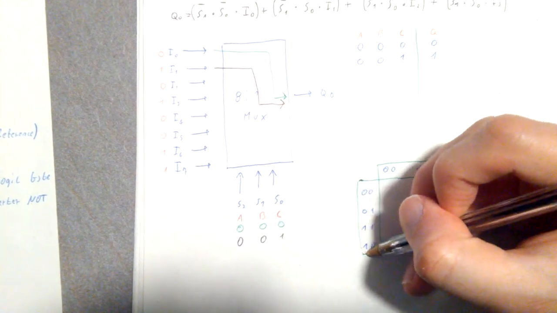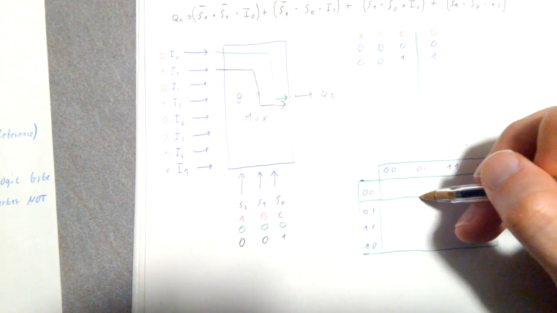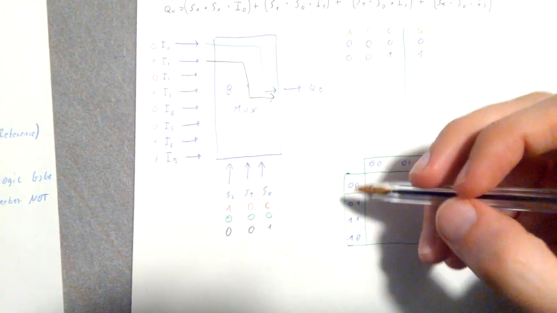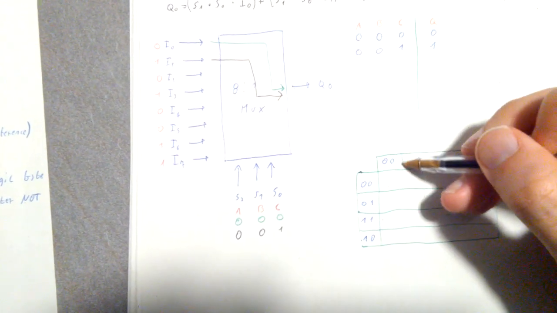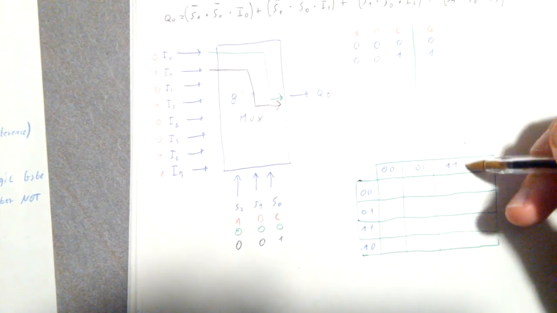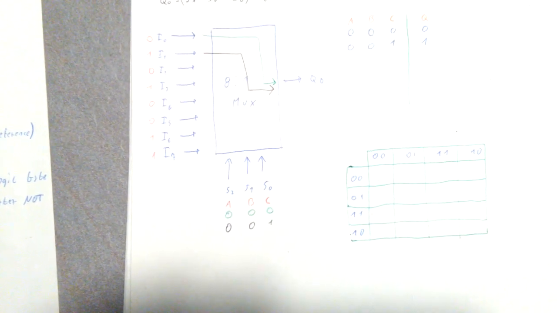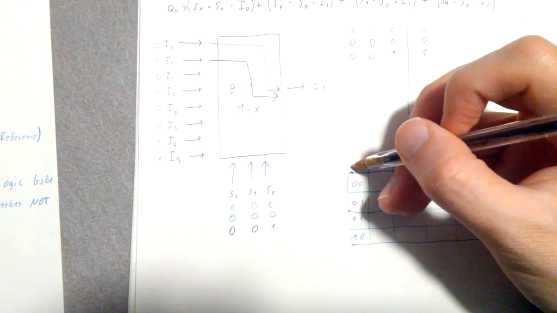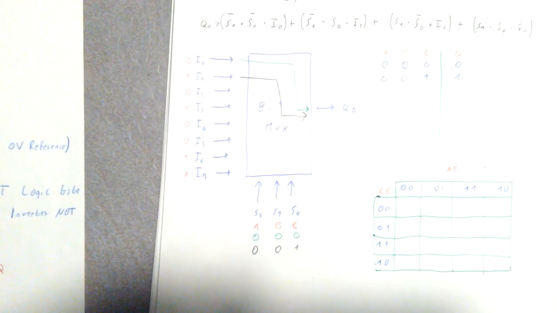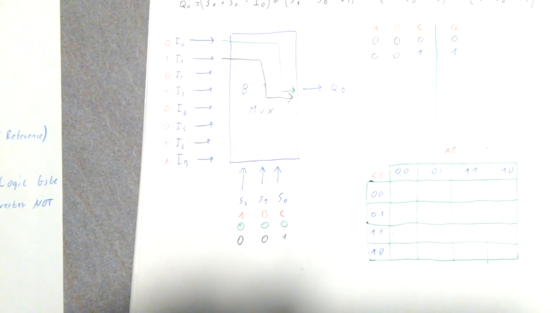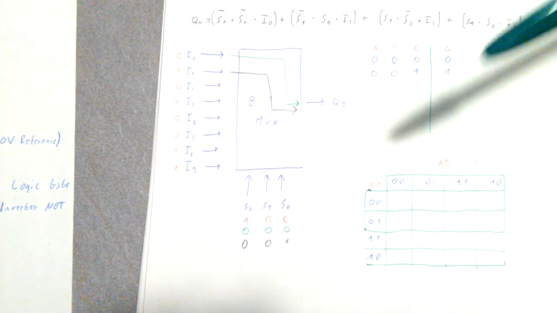And suppose we have AB here and CD here. And let's suppose that we have some values in here inside the Karnaugh map.